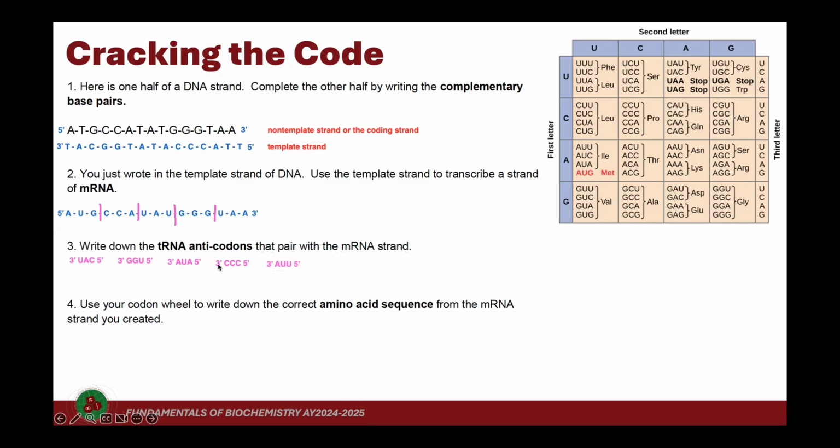Okay. Now we are going to use our genetic code. When you translate, you read your mRNA, not the anticodons. So from the N terminal, our first amino acid is methionine, followed by the second codon, CCA, that's proline.